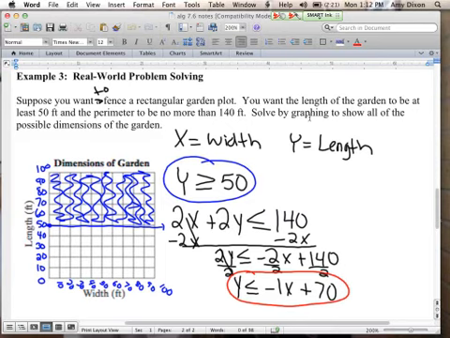All right, our equation is y is less than or equal to negative 1x plus 70. Where do we start with that one? We start at 70. Now let's answer this question here. Our slope is negative 1 over 1. That means we go down one, right one, correct? But how is my graph scaled though? Look at the scale.